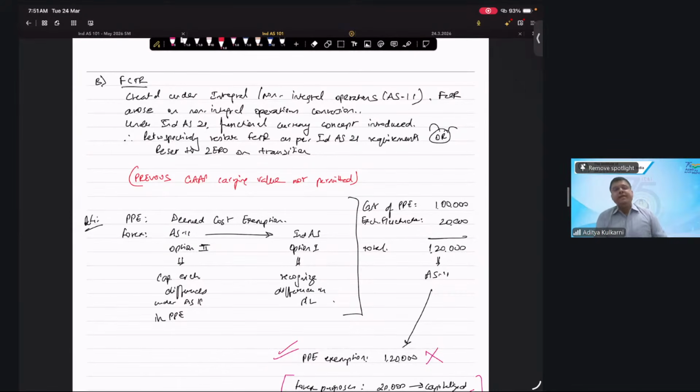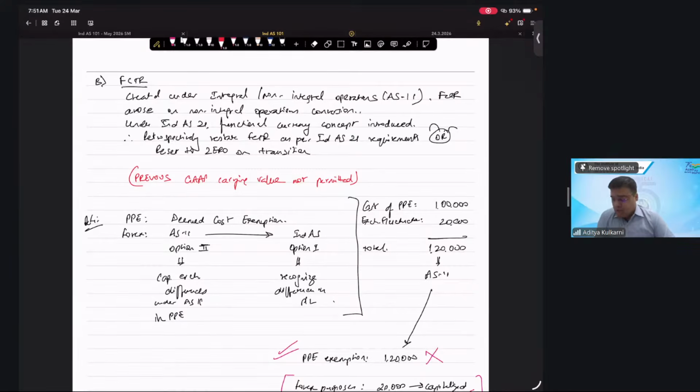Now, under Ind AS 21, foreign currency, there is no such concept. There is something known as functional currency. And therefore, what are you required to do? You are required to retrospectively restate FCTR as per Ind AS 21 requirements.